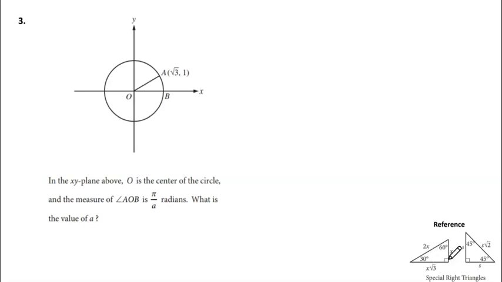So here, if 2 of them look like this, and if you look through, you will notice that they're referring to this angle here. It says in the XY plane, O is the center of the circle, and the measure of angle AOB. The angle is always in the middle, so it's AOB.